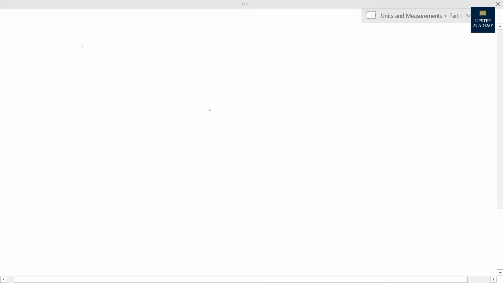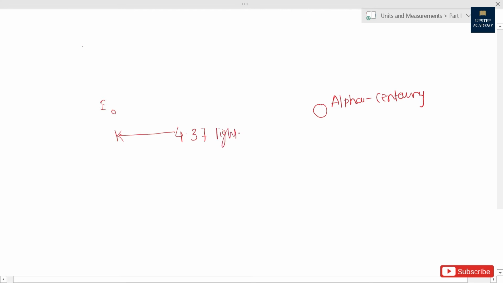This parallax method can also be used to measure the distance between earth and stars, but keep in mind stars are at a very far distance from the earth. The nearest star we know is Alpha Centauri. Suppose this is earth, and the distance between the star Alpha Centauri and earth is 4.37 light years.